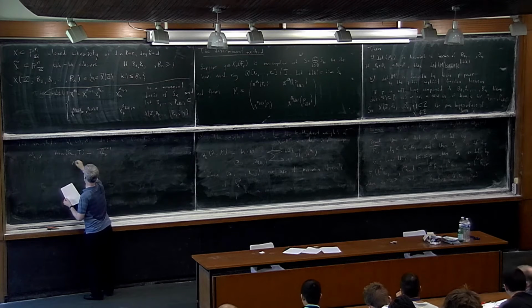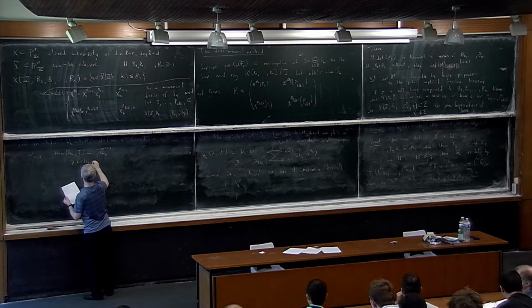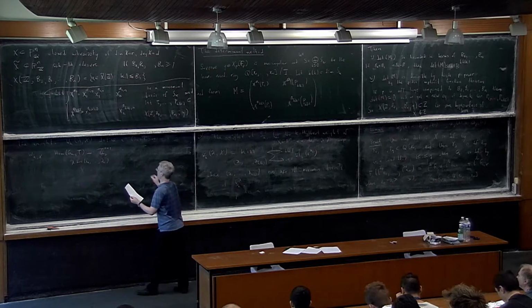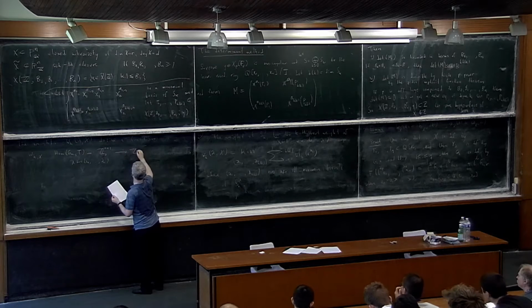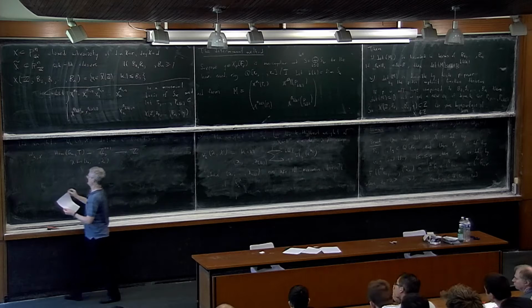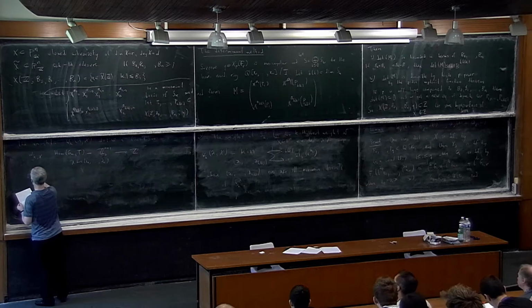If we have such a one parameter subgroup, we send it to these exponents, and we have a map. We have just defined the weights here, which is studied in Mumford's book.